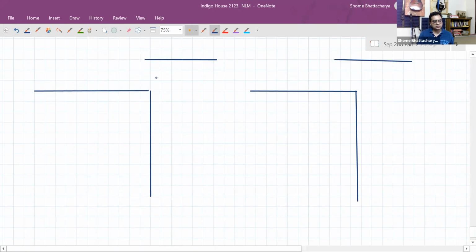Now initially, let's say when the system started its motion, the situation was like this.